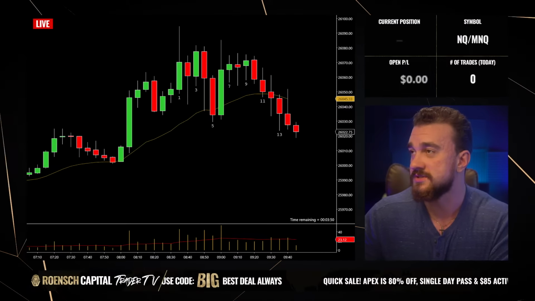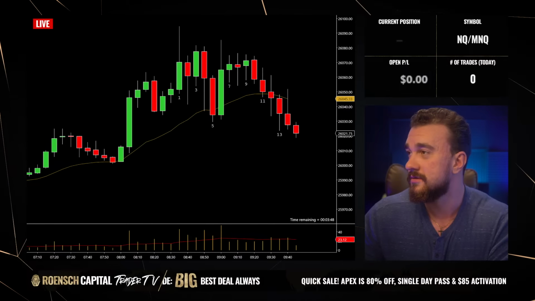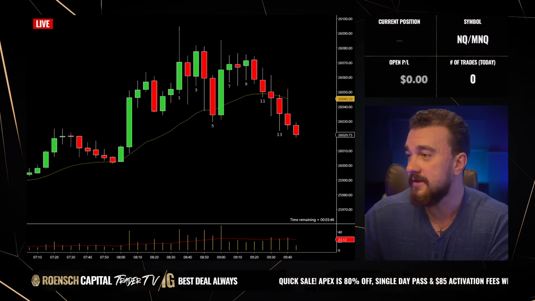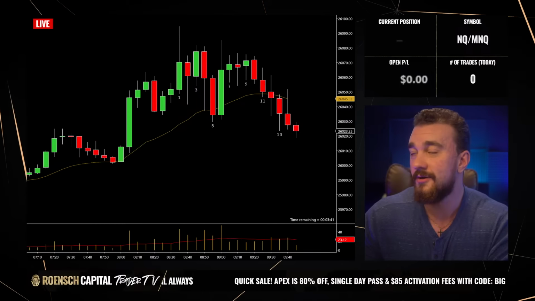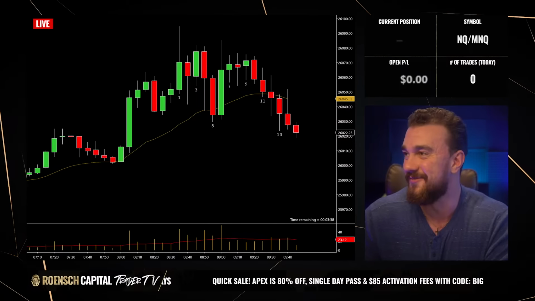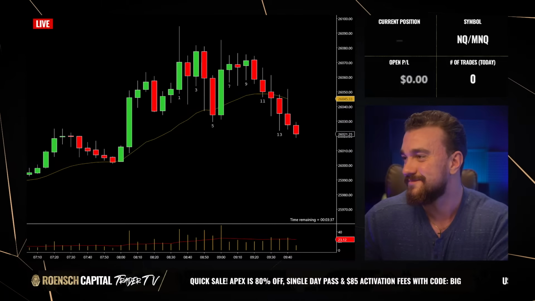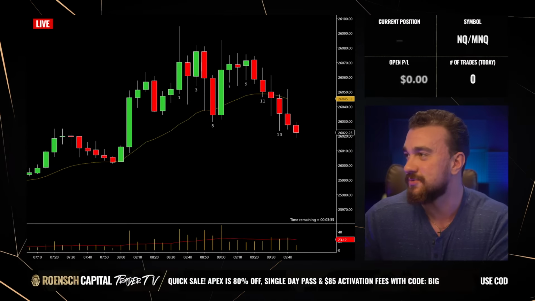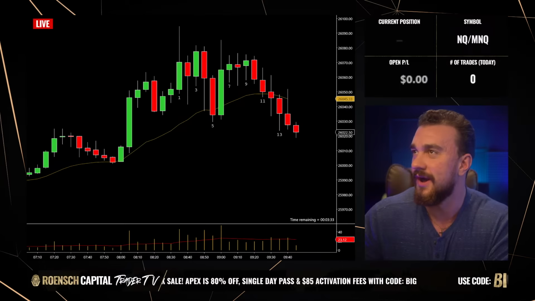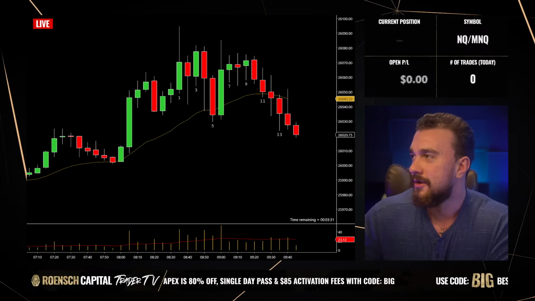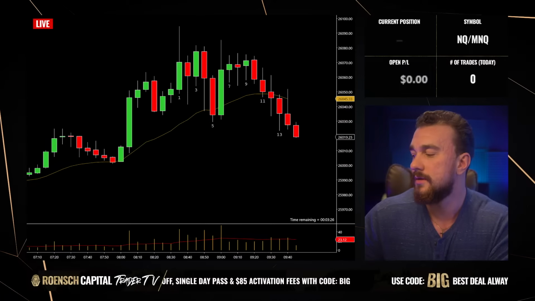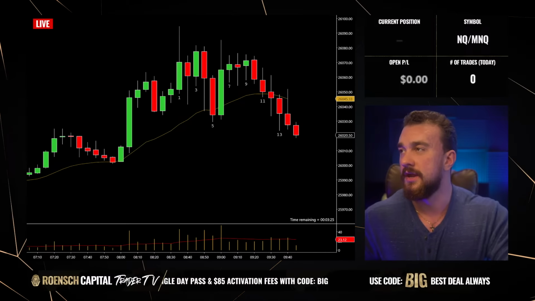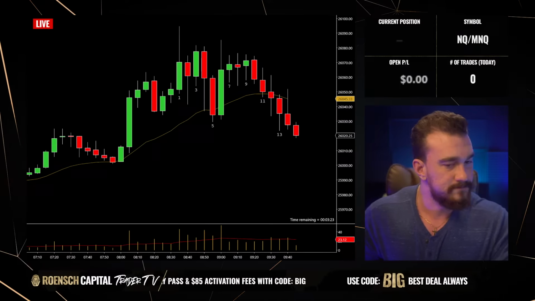Go see for yourself, run some data on it, and you'll be like, I like this. Or maybe not. Just see if it works for you. Good trade setup. You just got to be disciplined if you're taking it in more of a bear trend market.